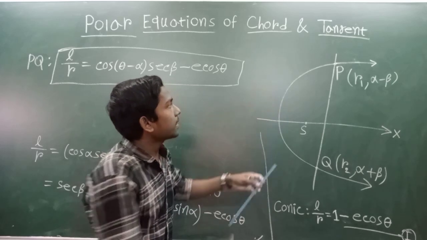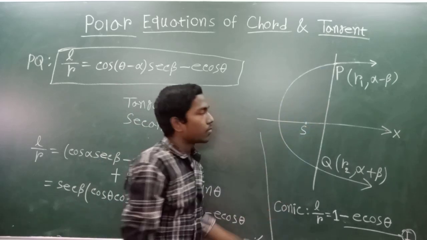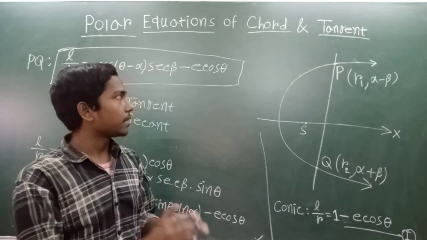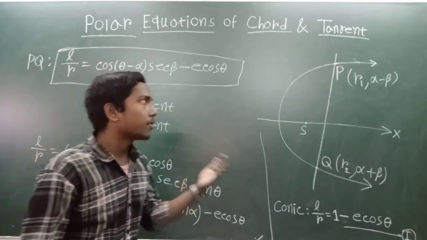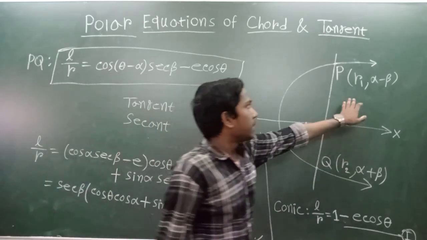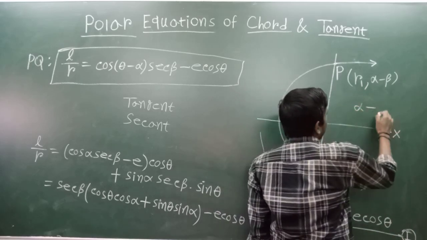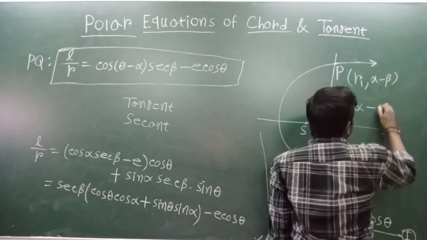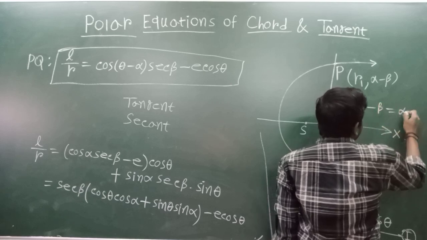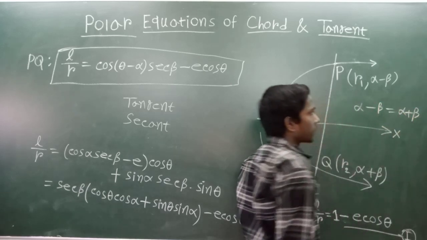Here the 2 points P and Q coincide and become just one point, so it will have only one vectorial angle. It means that alpha minus beta and alpha plus beta will be equal in that case.